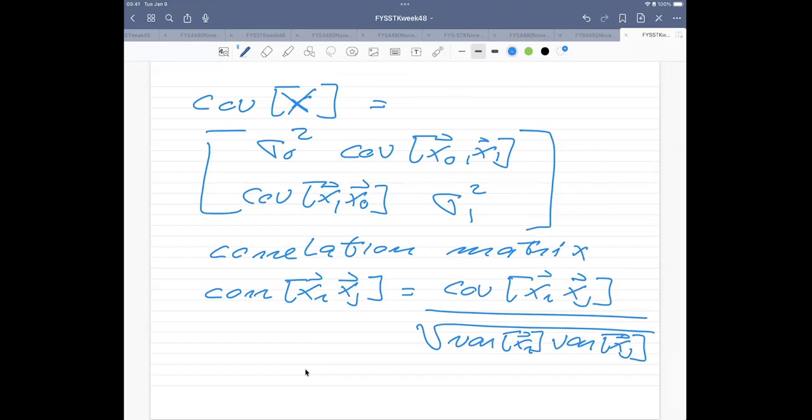Now, let's take a closer look at this. So the x's are stochastic variables, and you can assume that they are independent, and if they are independent and identically distributed, then this quantity is exactly equal to 0.